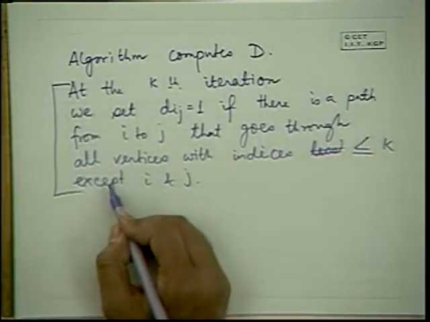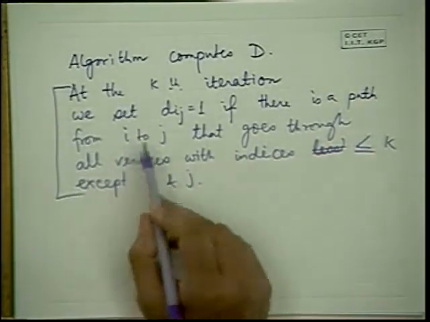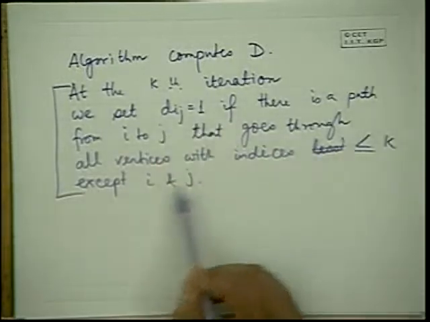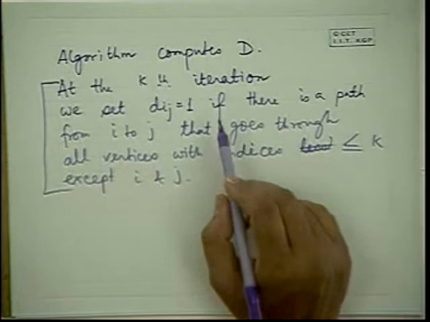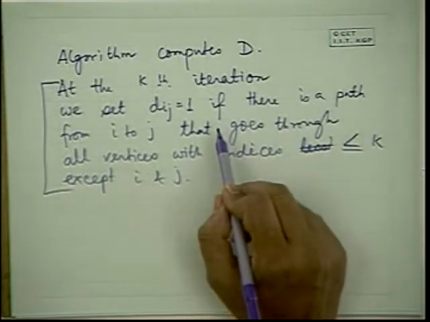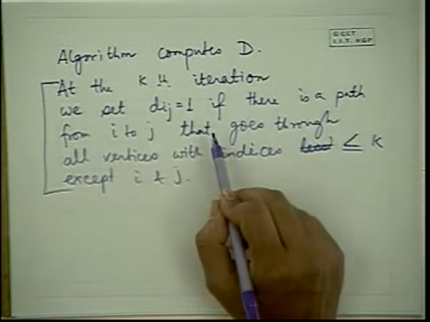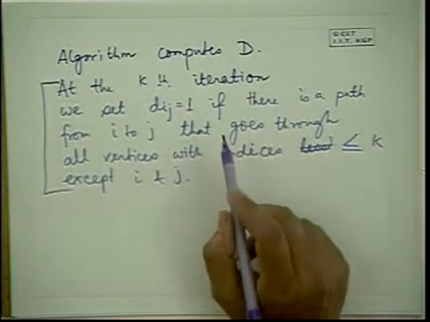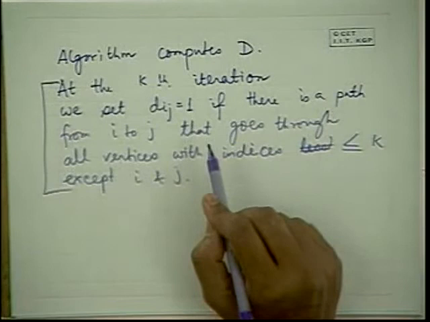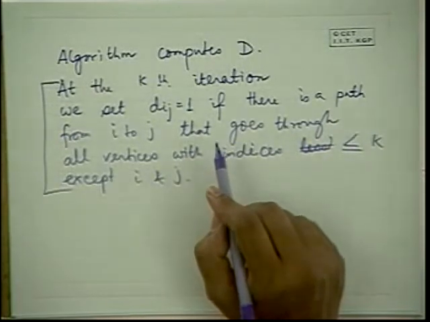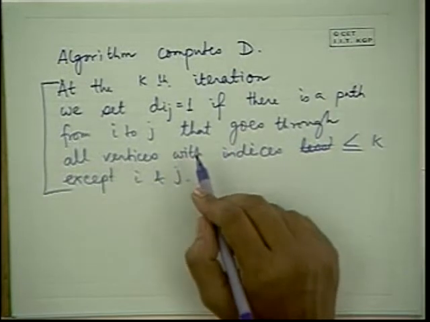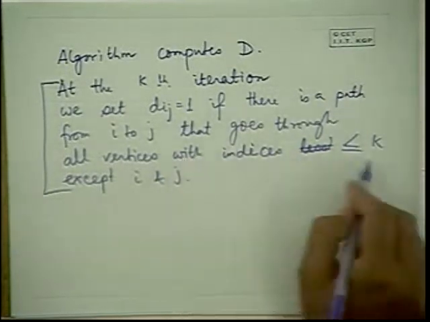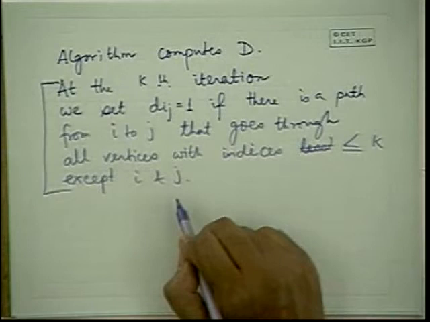So the invariant of the algorithm is saying, read this invariant once more. At the kth iteration, what is it trying to do? Between any two vertices i and j, if there exists a path, that path cannot include any vertex whose index is more than k, except the two endpoints i and j.